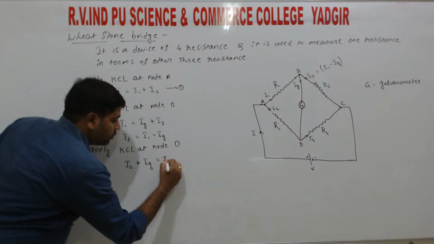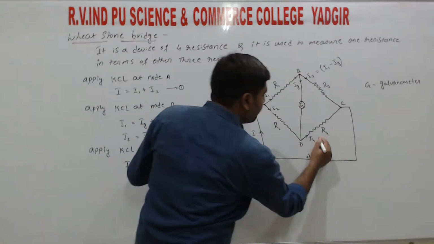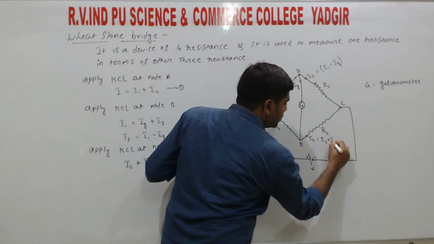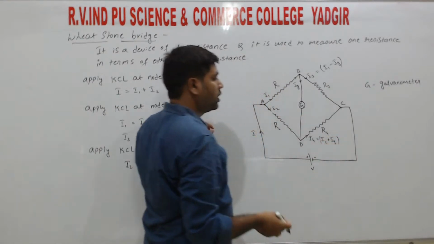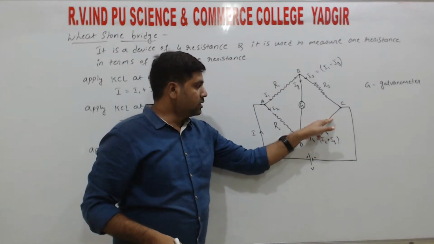So directly we can write I4 is equal to the sum of the two currents, I2 plus Ig. This is the current flowing through the resistance R4.